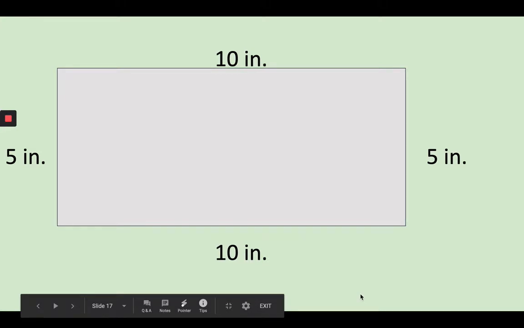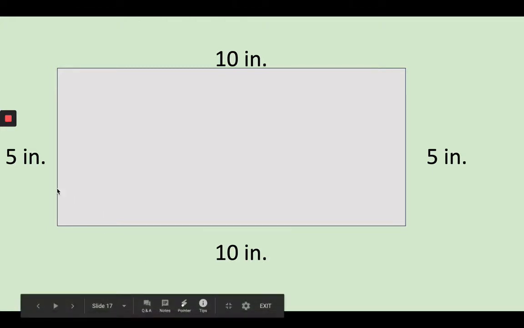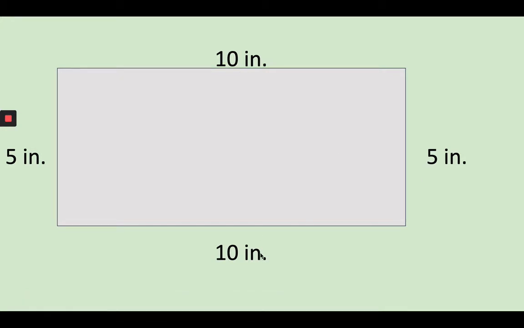Here we have a rectangle. We know that rectangles have 2 longer sides and 2 shorter sides, and that the opposite sides are the same length. So we have 5 inches here and 5 inches here, 10 inches here, 10 inches here. So let's go ahead and add that up to see if we can find the perimeter.